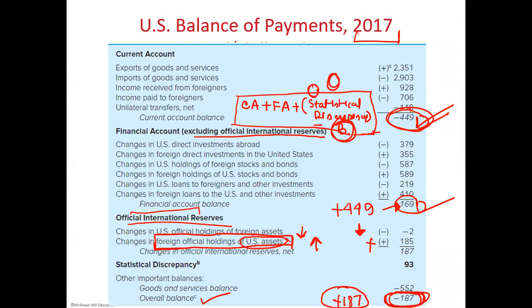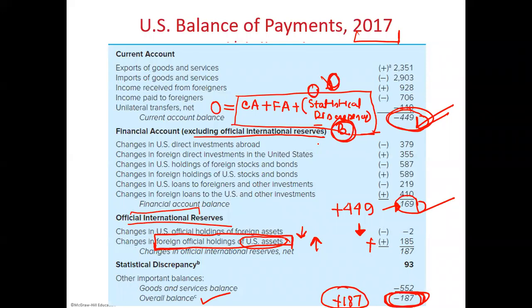In that case, what are you expected to see for the overall balance? There is no statistical discrepancy, I mentioned it. The overall balance is to be 0. So this is a very idealistic condition, and this should not happen.